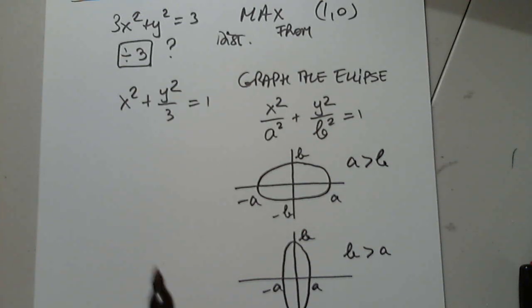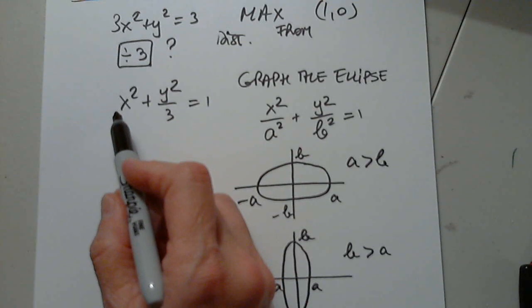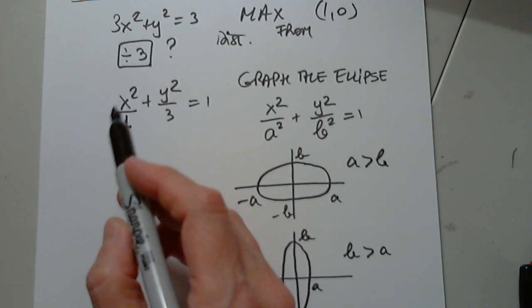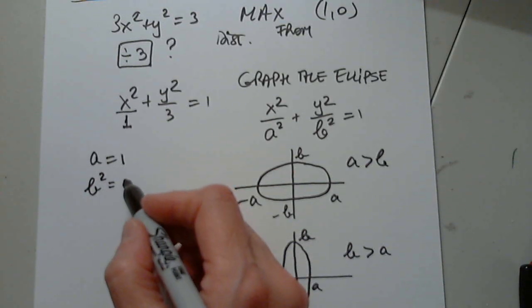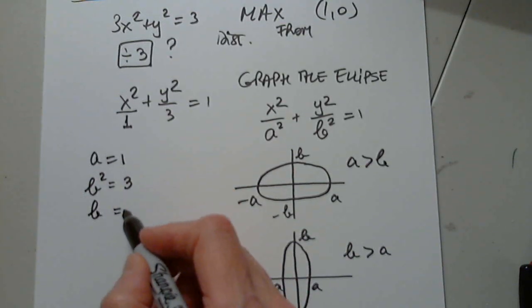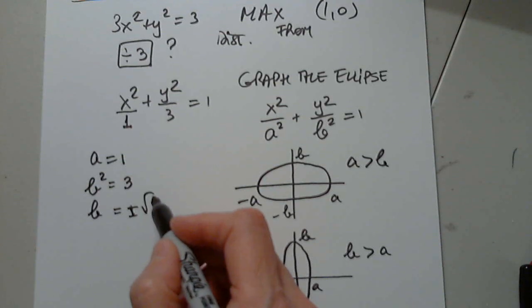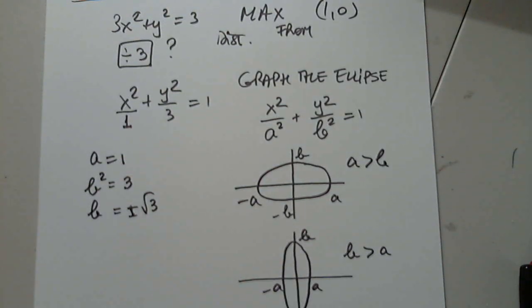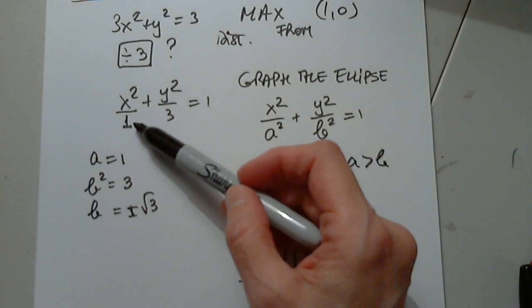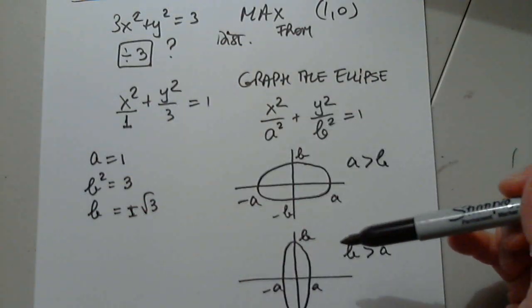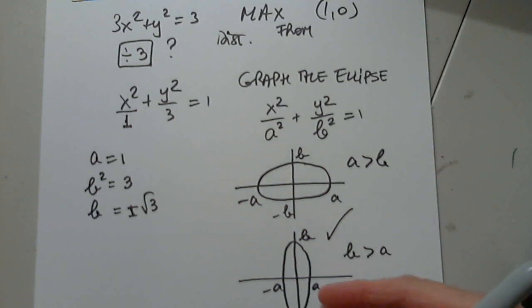Okay, so in this case, the denominator here is 1. So a is 1, but b squared equals 3, which means b equals plus or minus the square root of 3. Because this is a bigger number than 1, we're going to look at something like this.